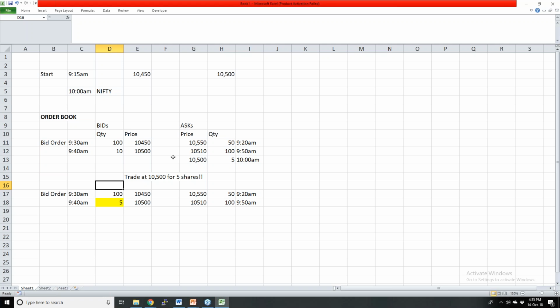I'll cover all that, but firstly, I just wanted to make sure that the concept of order book is clear, because order book is important, right? To understand the situation of a stock currently, an order book is very important, right? You should know how to interpret an order book, right?